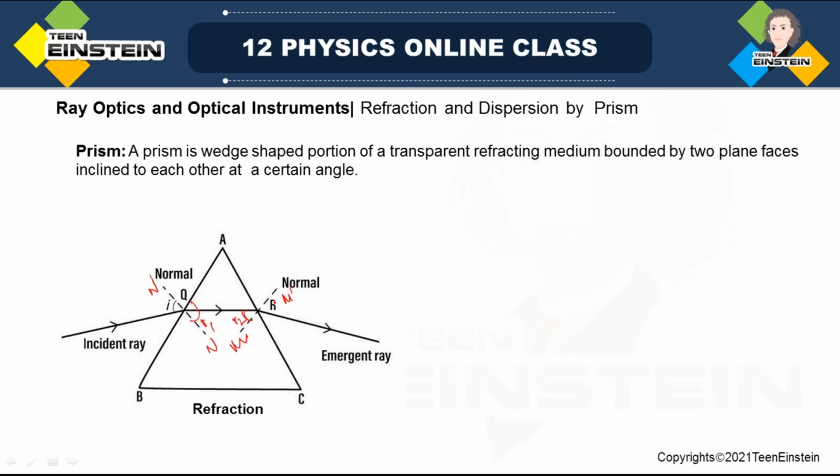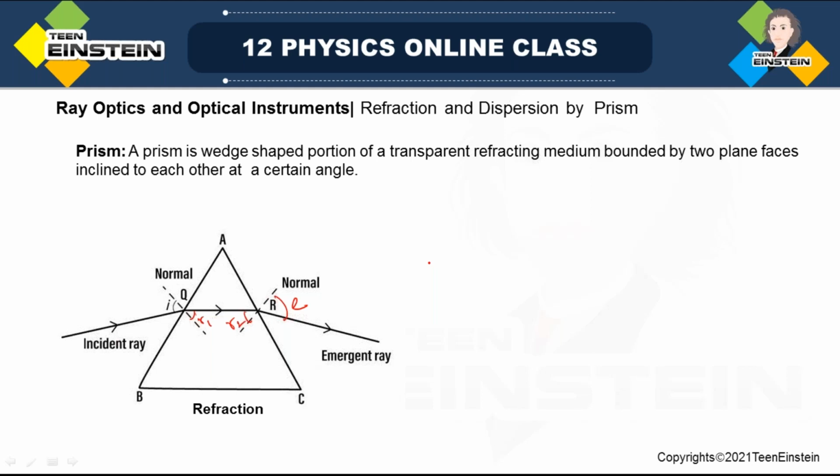Suppose this is R2, and this is the angle of emergence E, the angle the emergent ray makes with the normal at the AC surface. So now we'll just move on.